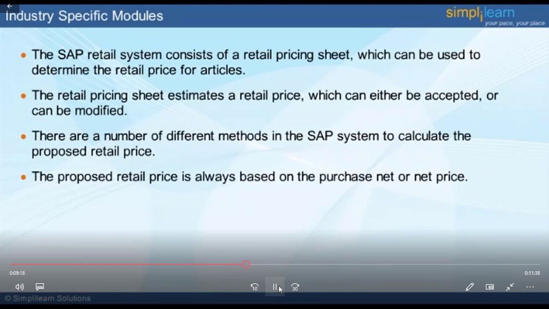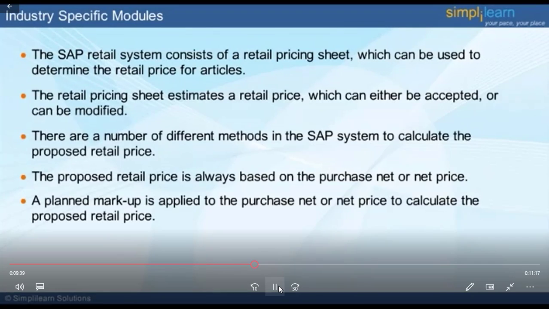The proposed retail price is always based on the purchase net or net price. This purchase net or net price is made from the purchasing pricing elements or condition types defined to be included in the purchase net or net price.